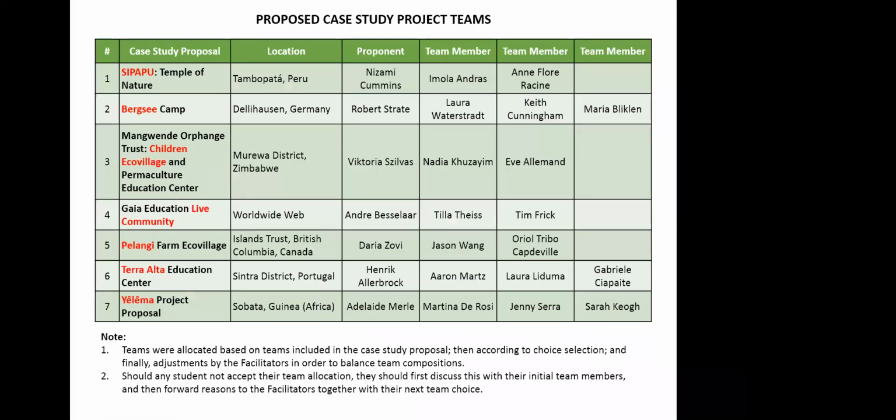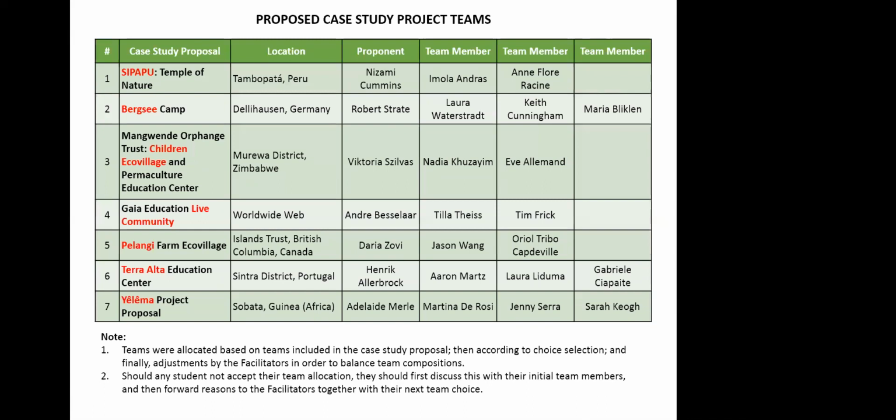So this is how the team allocation came out. We based it on, as Gio was saying, those teams that were already nominated within the case study proposal, we honored those. We then looked at the choices that were made. And then finally, when we had to do a bit of juggling, we thought, how best could we balance the teams?